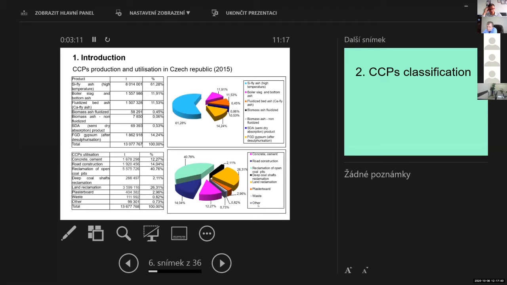The greatest amount is used in reclamation of open coal pits. Flue gas desulfurization gypsum is used in plasterboard construction, as the waste is less than 1%.